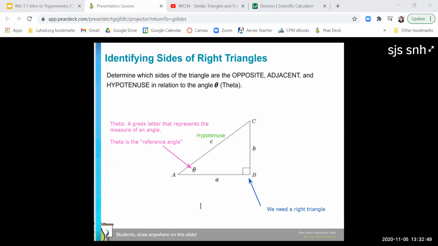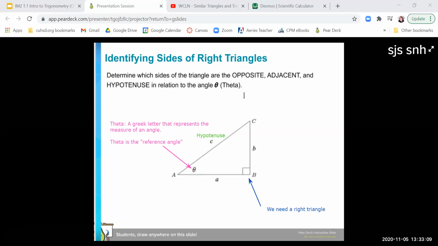And that's always going to be true. So the hypotenuse doesn't change in a right triangle. It's always the side opposite the right angle. It's always the longest side. But depending on which angle we choose as theta, like in this case, it's angle A, but theta could also be angle C, that can determine what our opposite side and our adjacent side are.